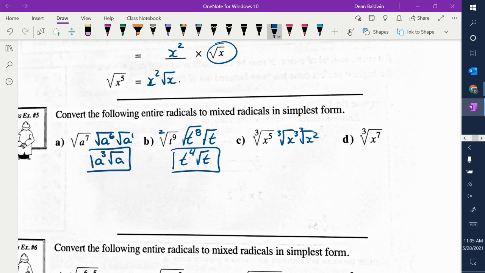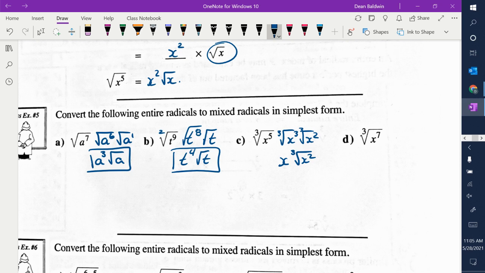I don't want to write this as x to the 4, x to the 1, because 4 is not divisible by 3. Correct? So what's 3 divided by 3? So it's just x to the 1, or just x, cube root x squared. Okay?